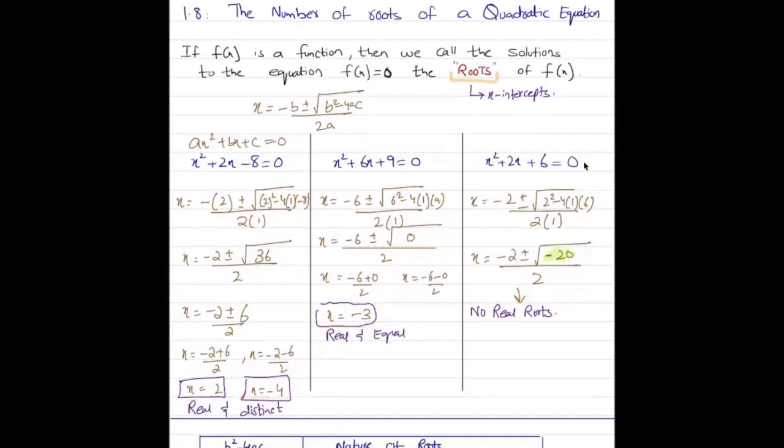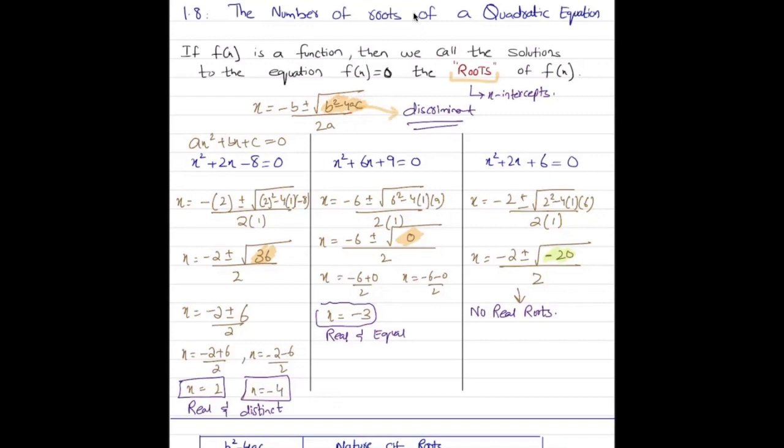The deciding factor is the value of the discriminant. Basically, b square minus 4ac is referred to as the discriminant. This value decides whether your roots are going to be real and distinct, or real and equal, or not real at all.